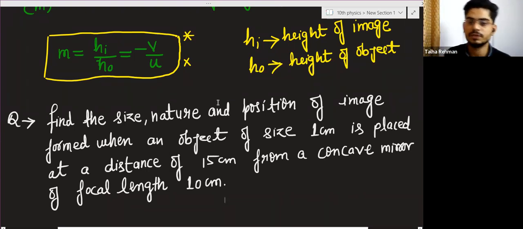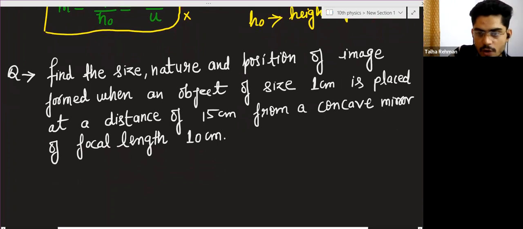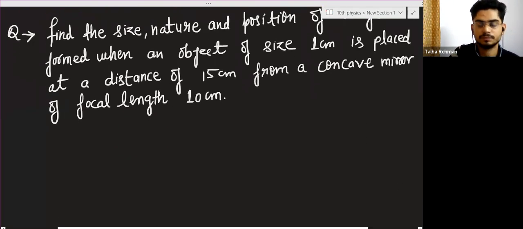Position of the image means v. And always try to draw the diagram of the question.